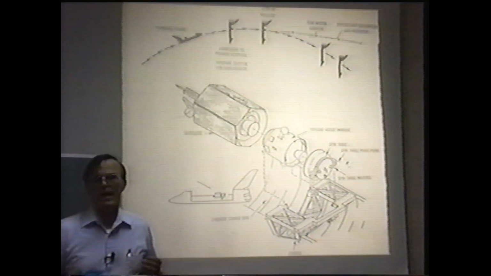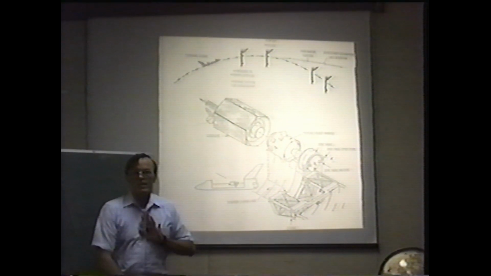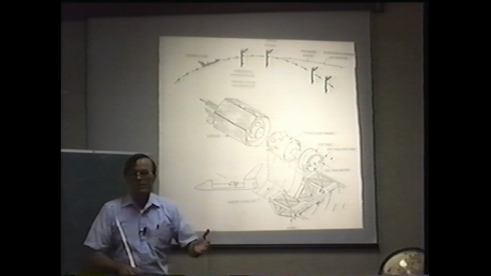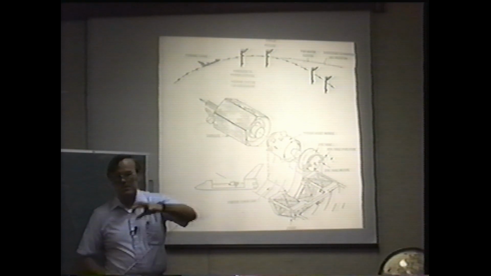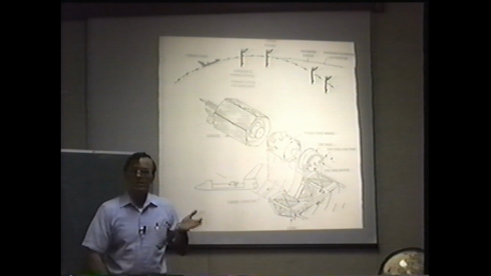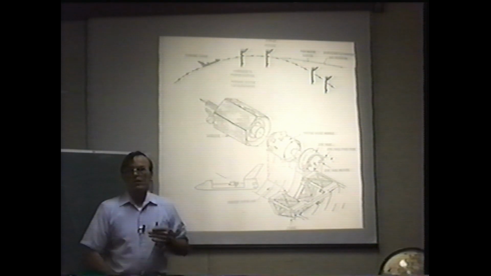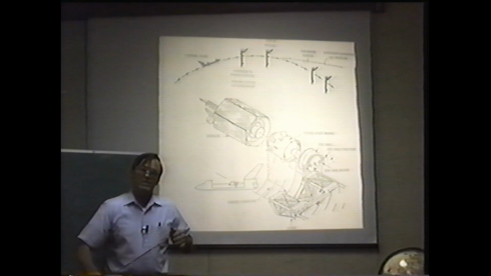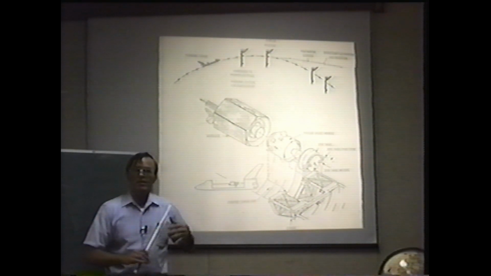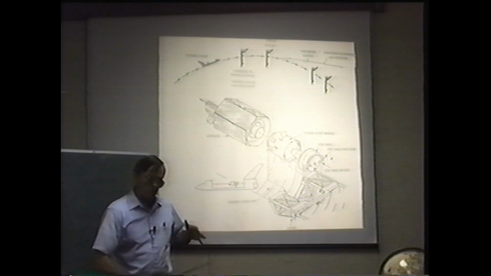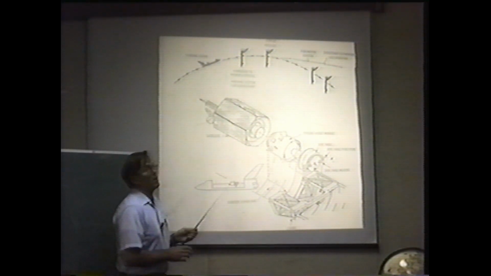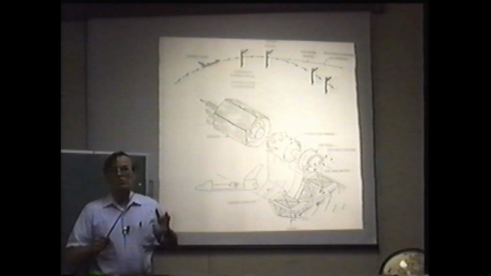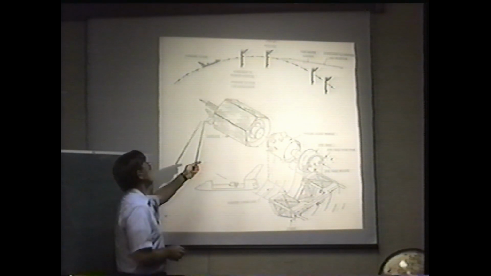The reason we do that is because if we received on one channel and transmitted back to Earth on that same channel, the signal coming from the satellite would interfere with the signal coming up from Earth and vice versa. So we receive the signal from Earth with one set of channels. It's collected by the receiving antenna, and then we retransmit on a different band of frequencies.